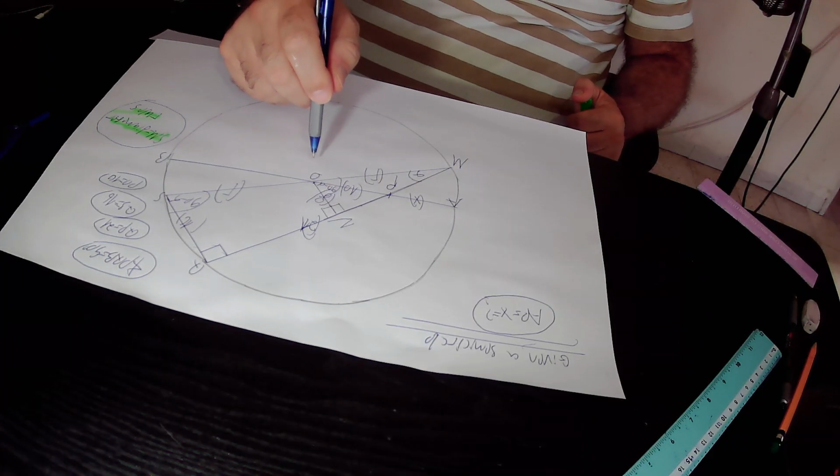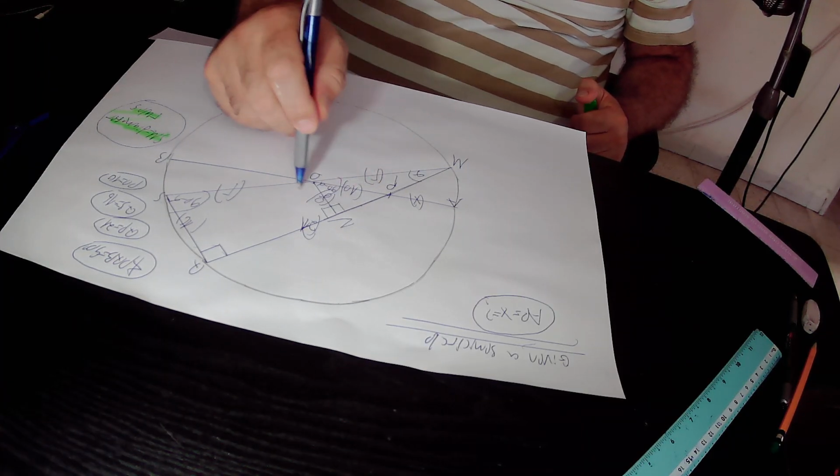Again, we will implement the Pythagoras theorem on this small right triangle ONP.